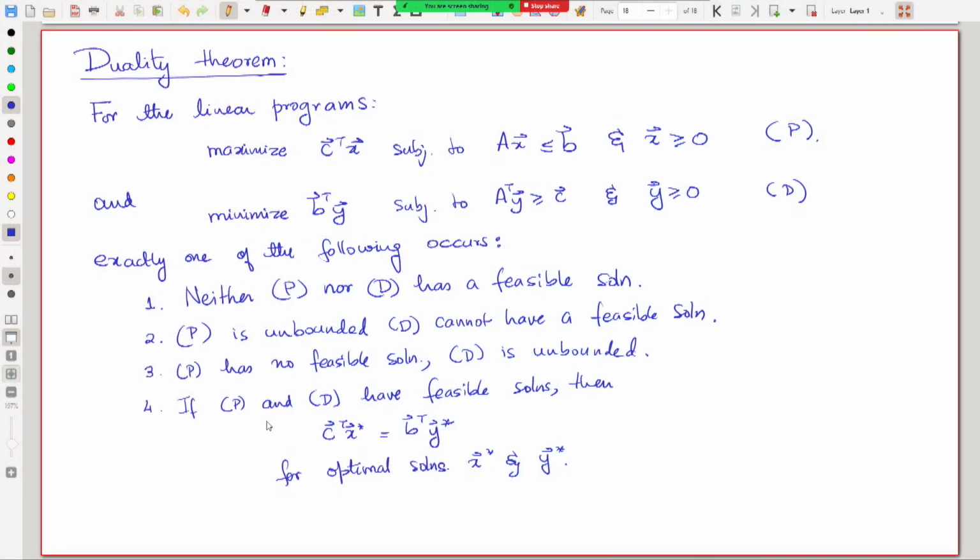Maybe there is probably not enough time to do the proof of this next time, but the main thing to prove is this 4, and this is the most useful part. Well, the other parts are also useful, and there are algorithms which do not just solve the primal problem, but solve the primal and dual problem together to get faster to the optimal solution, or to give you some better information about it.